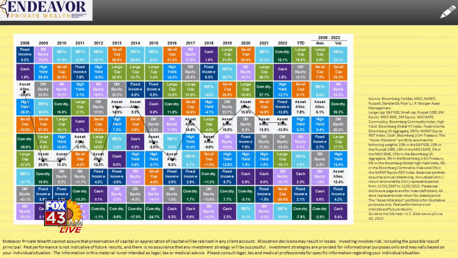The thinking behind asset allocation by mixing investments within different asset classes is that investors will take less risk because if one or more of the asset classes may go down in value, the others may provide the counterbalance and perform better.